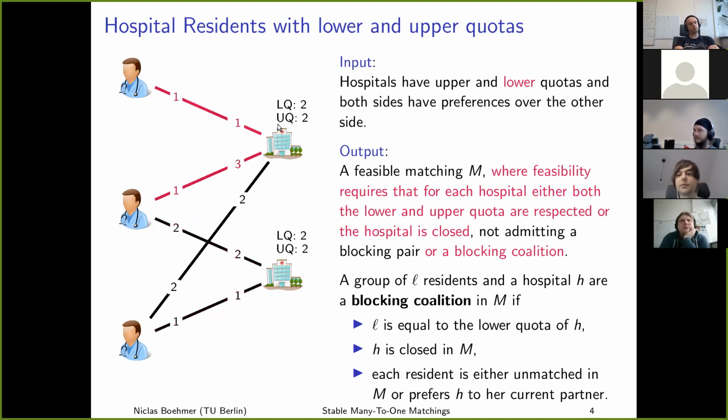On the other hand, the resulting matching is also not stable here because there exists a blocking pair between the third resident and the first hospital, because the third resident is currently unmatched, and the first hospital prefers the third resident to the second resident and would therefore be willing to kick out the second resident in order to accommodate the third resident. So again, this is not stable.